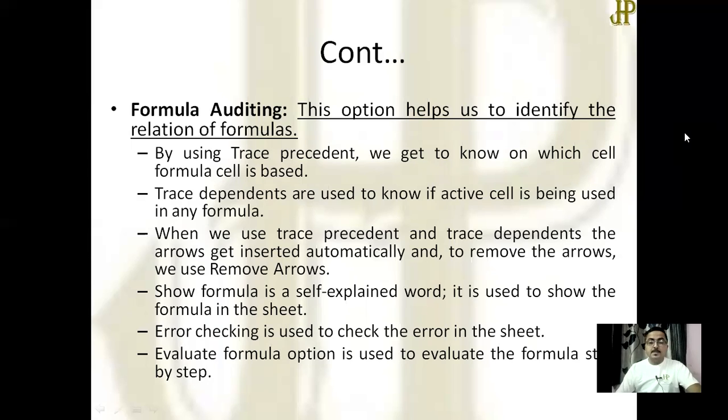Trace dependents is used to know if the active cell is being used in any formula. So you have to be very careful about that, and you can find out which cells have formulas inserted and which are ordinary cells. This is done by trace precedents and trace dependents.